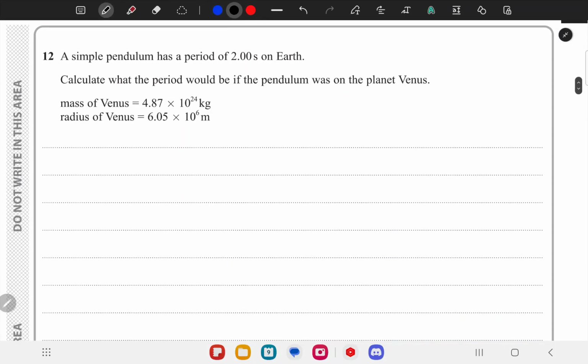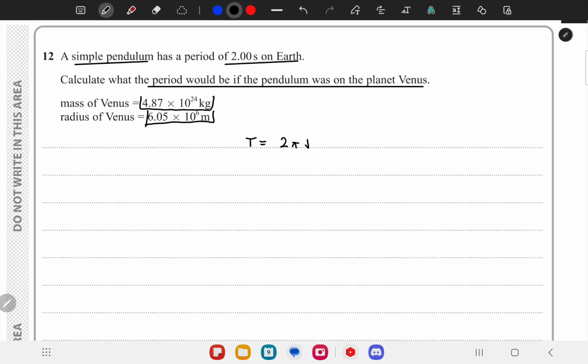Now for question 12, we have a simple pendulum with a period of 2 seconds on Earth. We have to calculate its period if this was on planet Venus. The mass of Venus is given, the radius of Venus is also given. Now we know that the time period of a simple pendulum is 2 pi root over L by g.